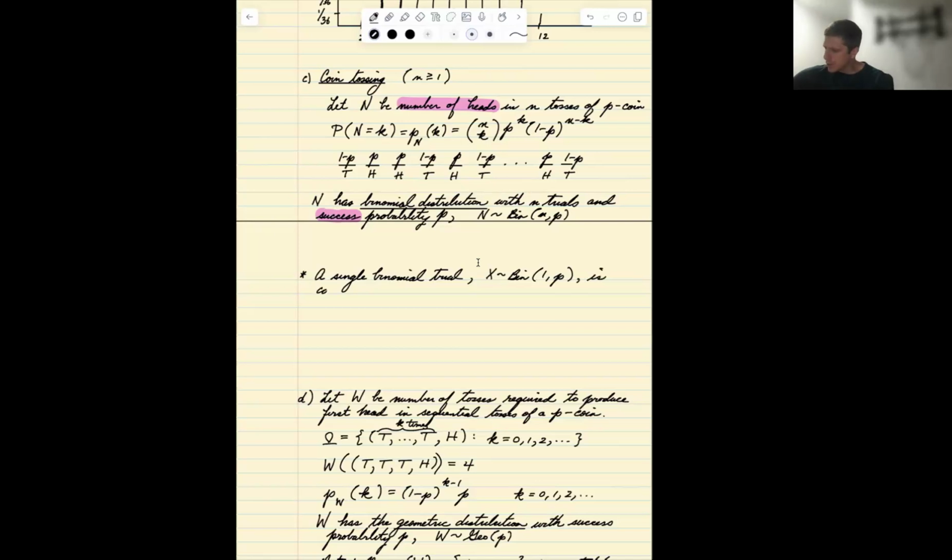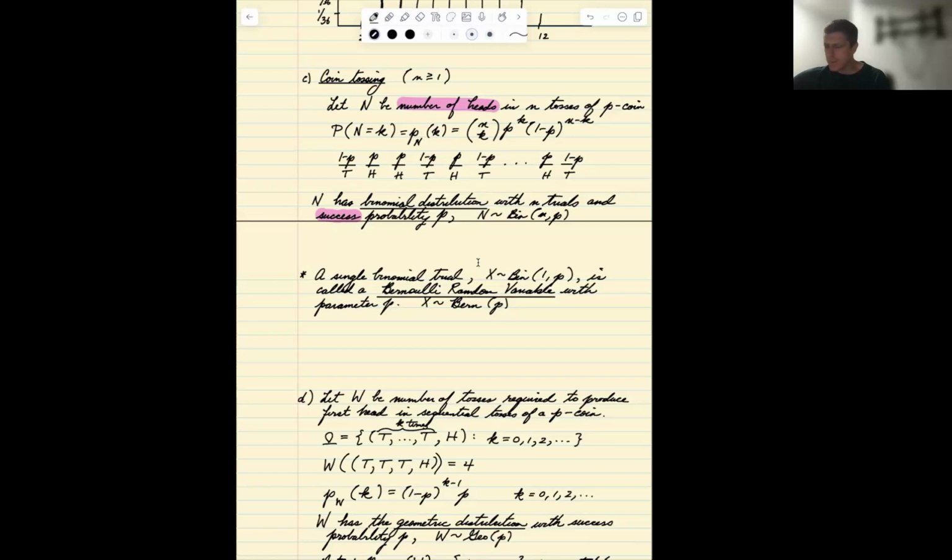This is called a Bernoulli trial, or a Bernoulli random variable with parameter p. We write that as X distributed Bern(p). It could also be written as binomial(1, p).